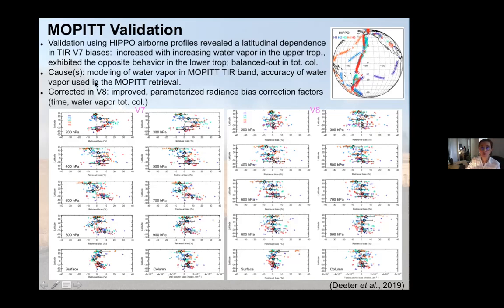And here on these two columns for an older MOPITT version, you see that latitudinal dependence as differences in the bias calculated between MOPITT and HIPPO. So you can see that it's clearly a latitudinal effect. That was identified and corrected in the next MOPITT release, that is the current one, version 8. You can see that latitudinal dependence has very much disappeared or has been improved.